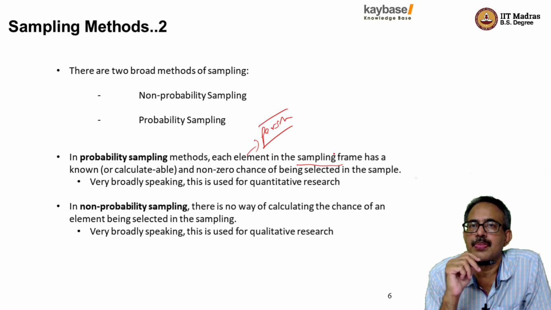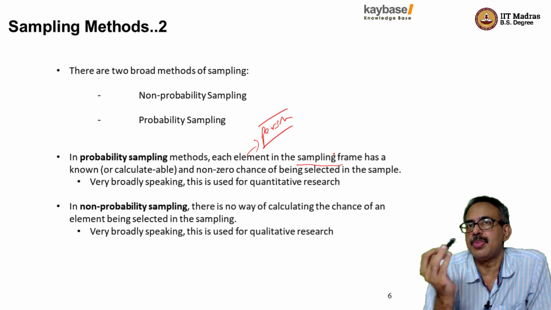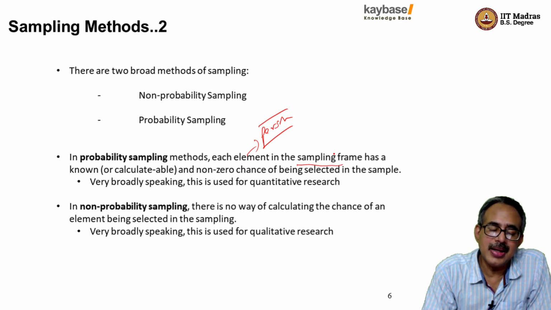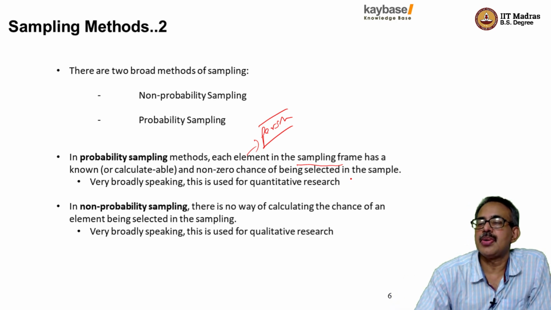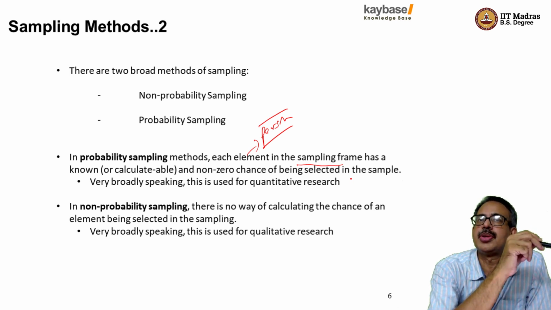It is a list from which the sample is drawn. Yes, and the list is as close to the population as possible, right? So every person in the sampling frame has a calculatable chance of being selected. Meaning, you can calculate saying this person has got a 0.001 chance of being selected, that person has got a 0.002 chance of being selected.